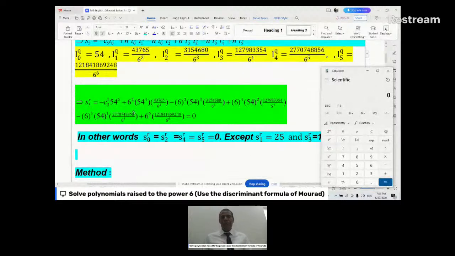You can see that negative 5 times 54 raised to the power 6. I will write negative 5 times what, learners? Times 54 raised to the power 6. Okay. Then plus 6 squared divided by 6 squared. You can ignore this step because it's 1. No need to write it. I'll just write plus 54 raised to the power 4.